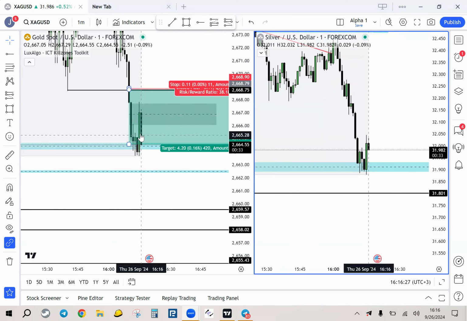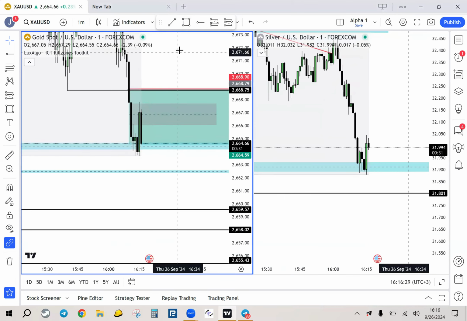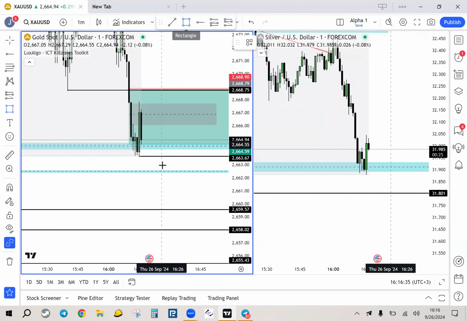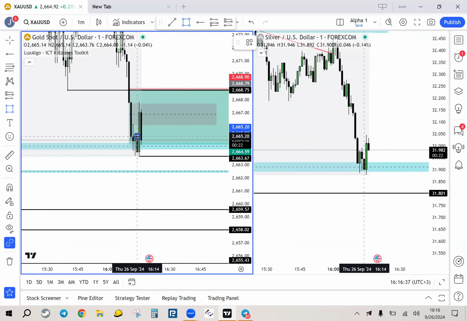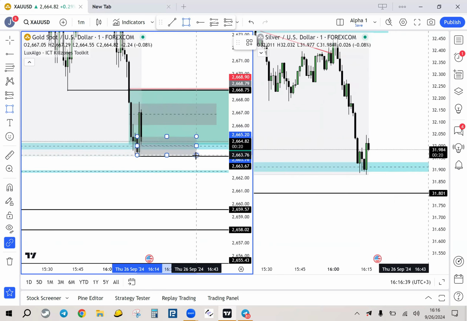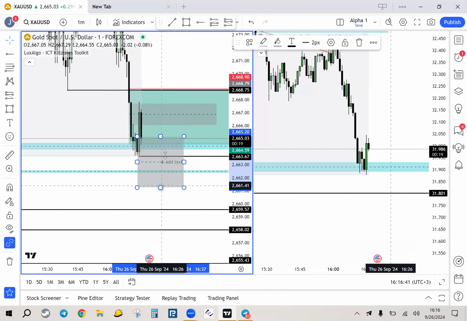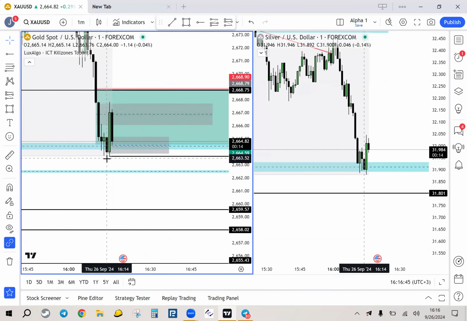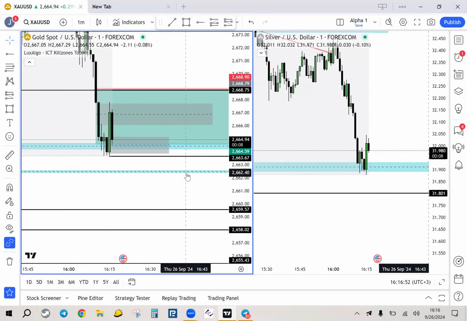Oh, wow. If this is going to go lower than here, then this might actually be really cool. Now, what we have as an obstacle right now is this, which I would now consider that candle an order block. The candle that formed 2 minutes ago, the 9:14 candle, I would consider that an order block.